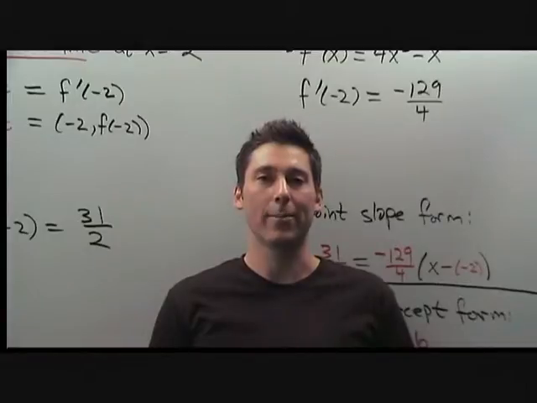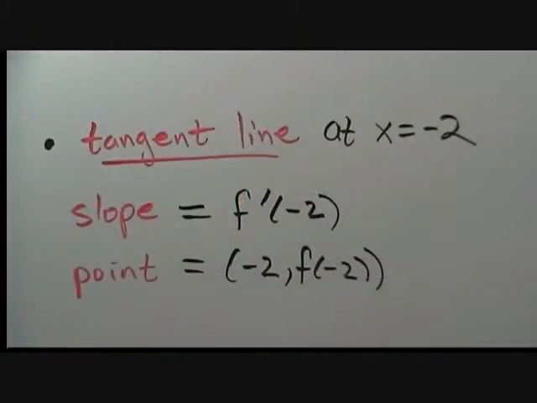Let's do a quick recap. Our first task was to sort out the information given to us by the phrase tangent line at x equals -2. The tangent line is the line whose slope is f prime of -2 and passes through the point -2, f of -2.